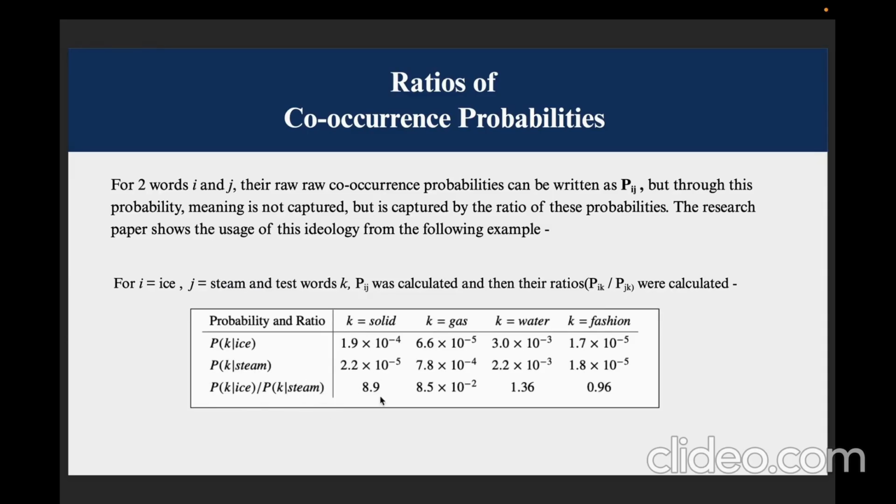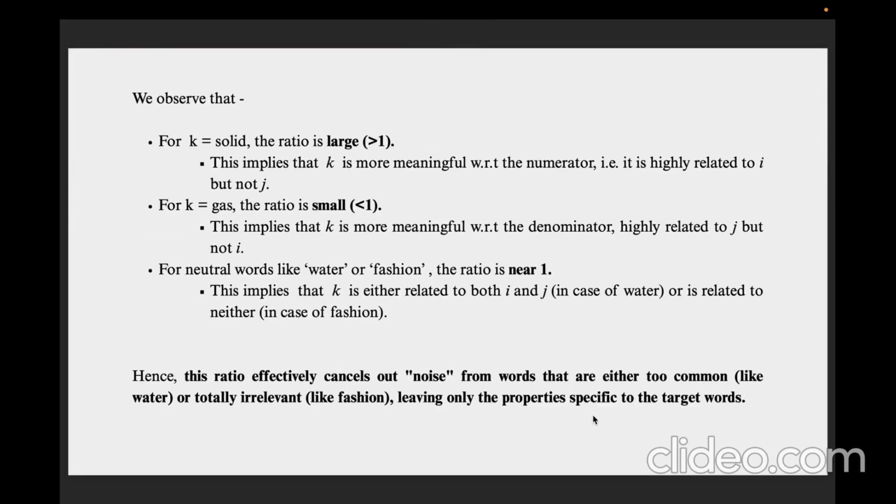We can easily see these ratios vary on very large scales. This is very high, this is very low, while these two are near 1. Let's move on to see the significance of these. For large ratios, we can see that the numerator is more meaningful than the denominator, while when it is small, the denominator is obviously more meaningful to the context word or the probe word k than the numerator.